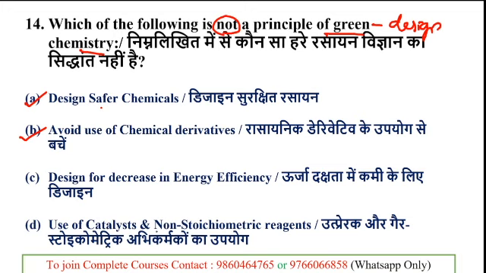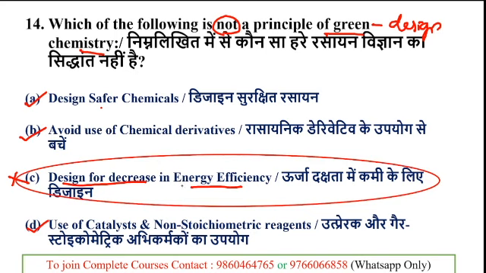Here the catalyst used as non-stoichiometric reagents does not cause any pollution to the environment, so that's right too. Here the design for decrease in energy efficiency, that is wrong. Energy efficiency should be promoted, to raise the energy efficiency in our environment. So the design for decrease in energy efficiency is not one of the principles of green chemistry.